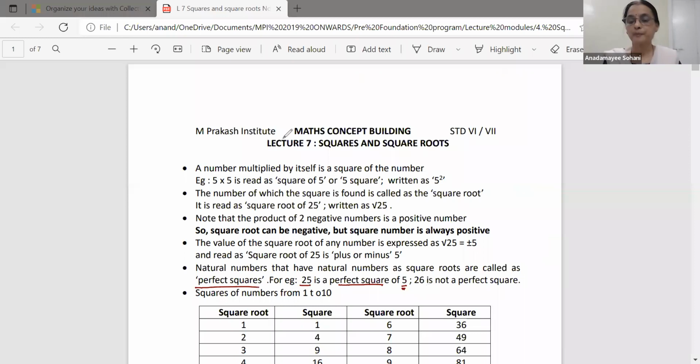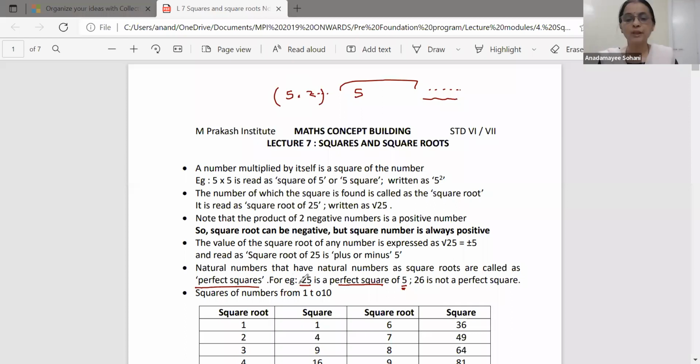But suppose I'm going to multiply 5.25 or say some number to itself, I am going to get some number, but it will not be a natural number. And therefore, that number is a square, but it is not a perfect square. Understand this term.